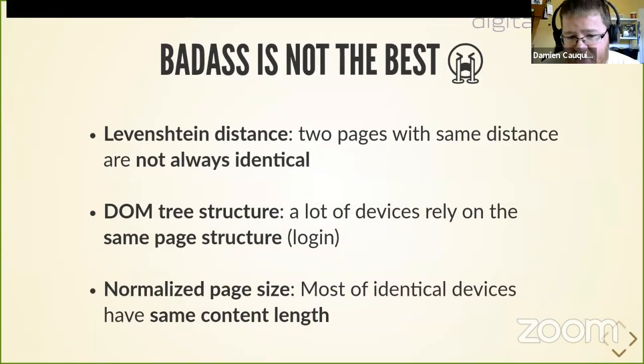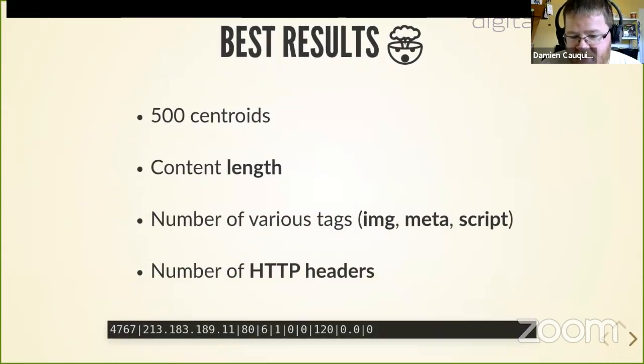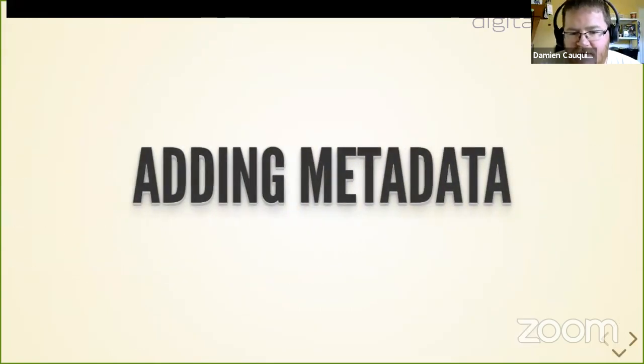I thought that it would give me better results, but in fact it did not, because it's too complicated. So just stick to the intrinsic characteristics of a page by keeping the content length and number of tags and so on, and by using 500 centroids in my case, it gave me very good results for this k-means algorithm.